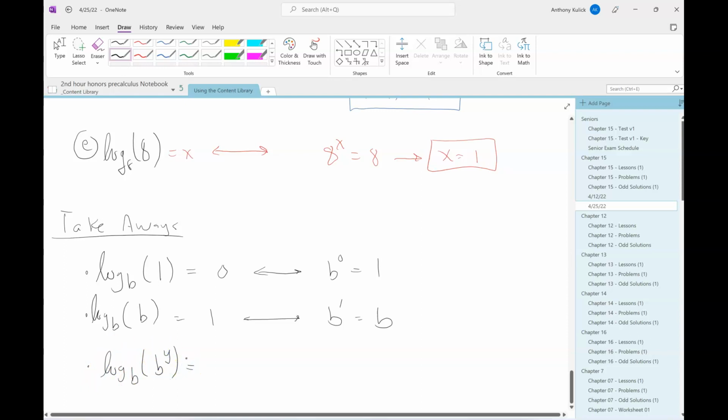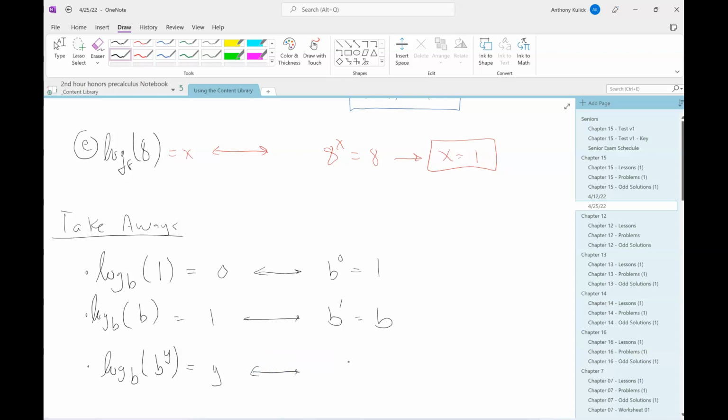How about this one? Log base b of b to the y. Yep. This is what we saw in the very first example where we had log base 4 of 4 squared was 2. 16 was how we wrote it, but it's 4 squared.